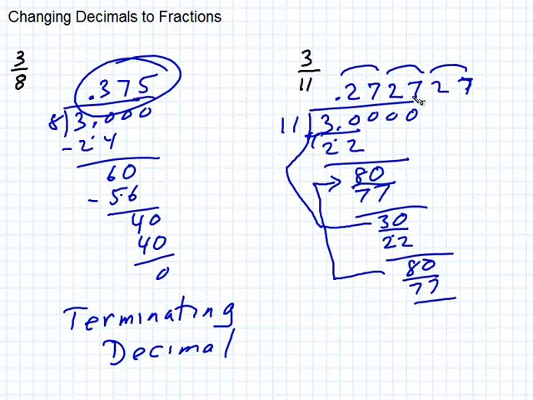You're probably most familiar with numbers like 1/3, where the answer just comes out 0.33333, but here you have a repeating block that's 2 digits long, 0.27, 27, 27, and so forth. You can get all kinds of different lengths of repeating blocks. This kind of a decimal is called an infinitely repeating decimal.